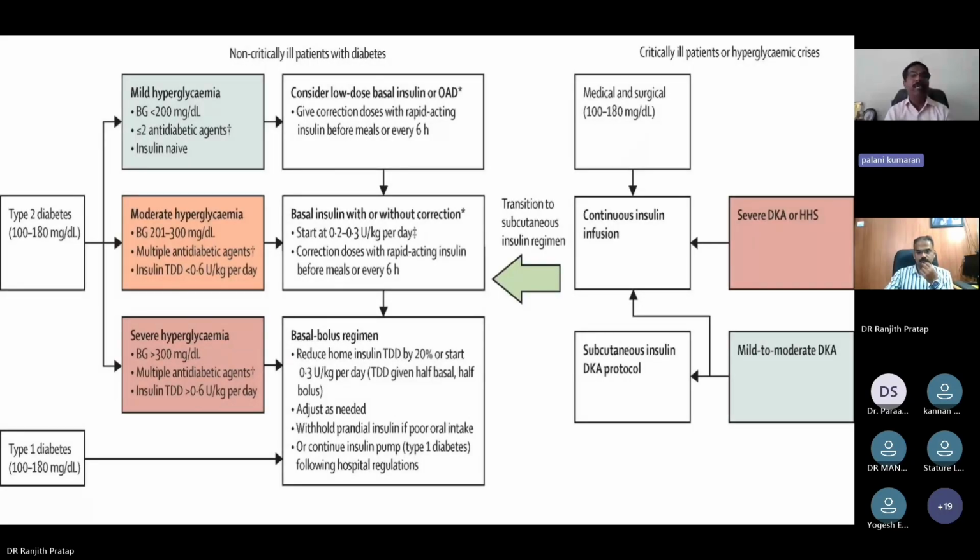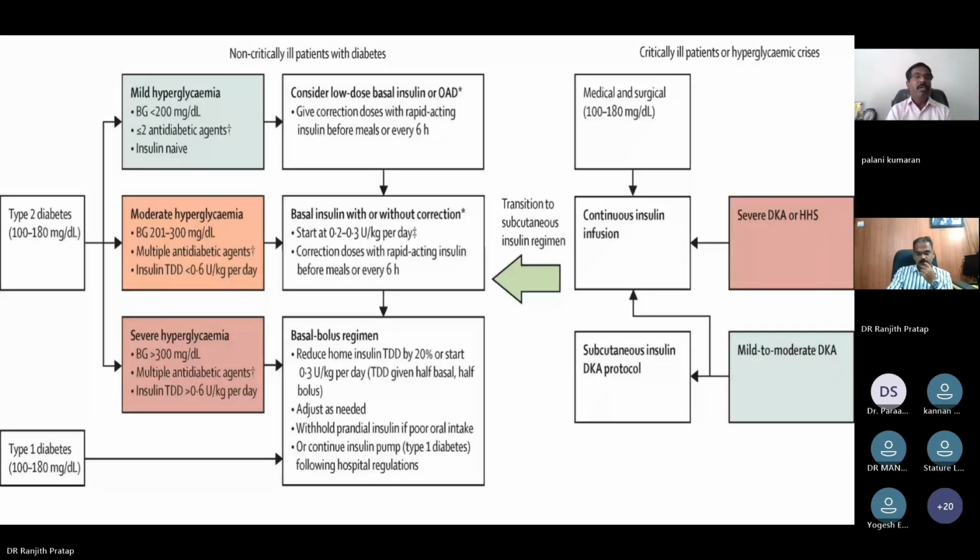For this group of patients, we can start with low dose basal insulin, or we can even continue oral antidiabetic agents whenever the patients are stable. And we can give additional correction doses of rapid acting or short acting insulin before each meal. So this group of patients will have mild hyperglycemia. They may require a low dose basal insulin along with correctional doses of insulin, or may continue with the OADs they are taking along with the correctional dose of insulin.